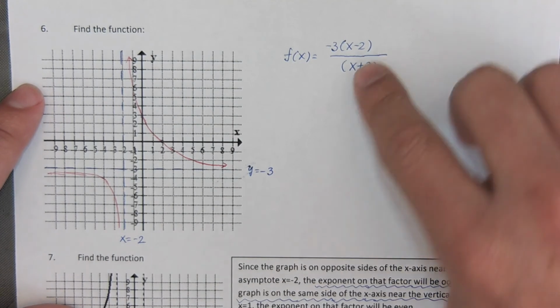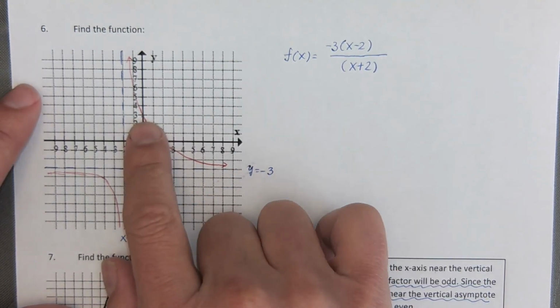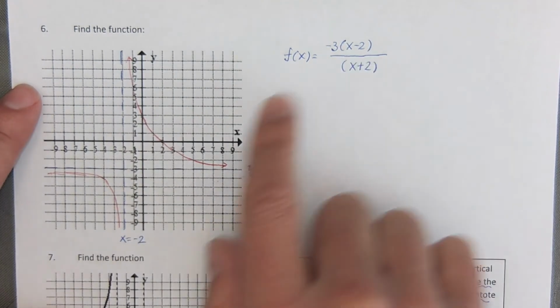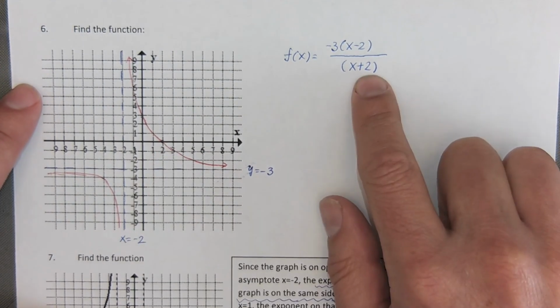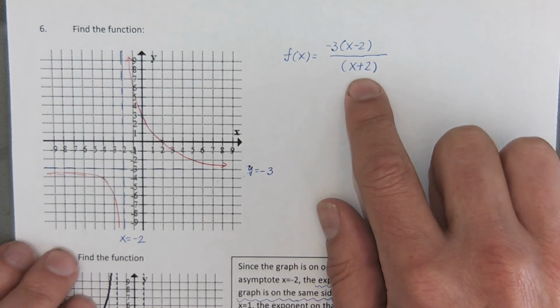And the lead coefficients are here. I'm going to notice that it crosses at 3. It crosses at 2 as well. So when x equals 2, you can see I'm at 0 there. Also, I have a vertical asymptote at -2, so I know that's going to be in the denominator. So there's my whole graph.